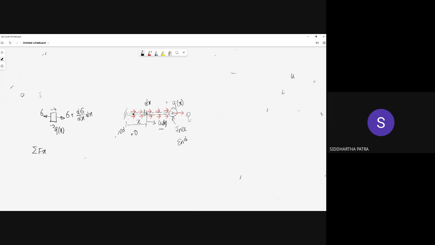Sum of Fx must be 0 for equilibrium, and therefore sigma plus sigma prime dx times A minus sigma times A, then plus q times x, and the length of this differential element is dx, so q times dx should be equal to 0.